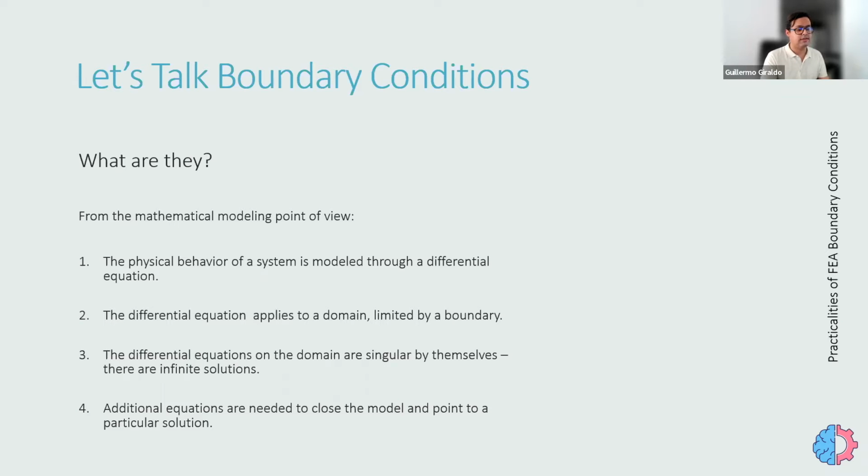We need to add these conditions on the boundary, which are additional equations with forces or pressures or constrained degrees of freedom, constrained displacements. And when we join all of these equations, then we arrive at a mathematical model that can be solved and leads to a particular solution, hopefully. But that's from the theoretical classroom point of view.